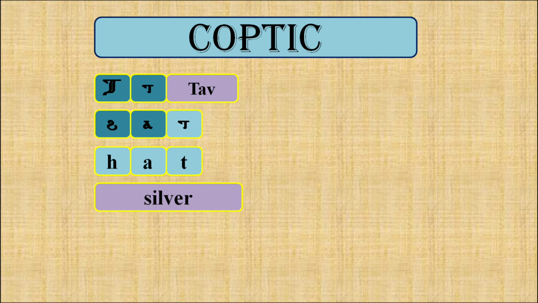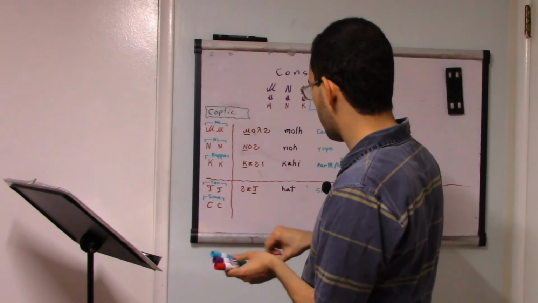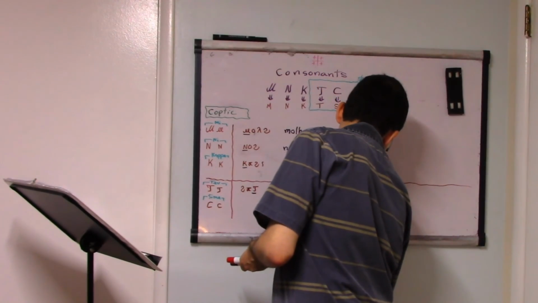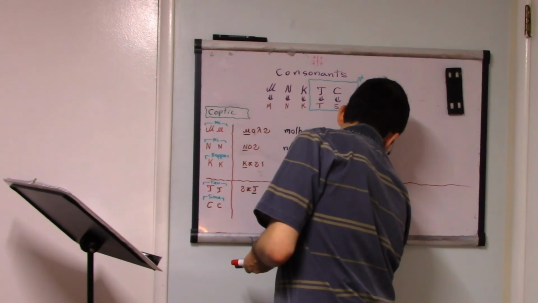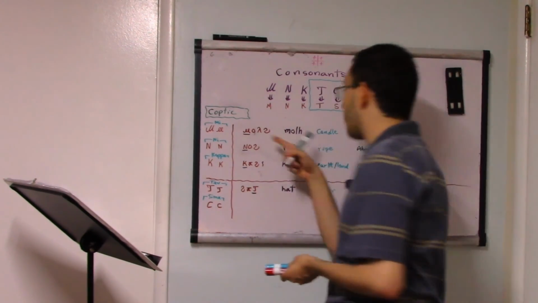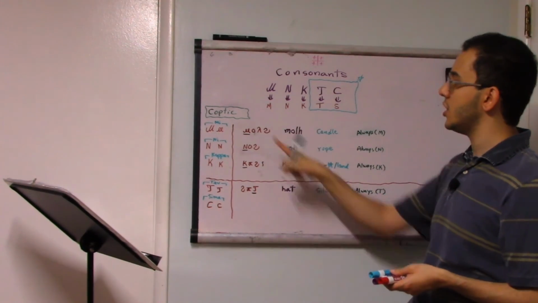Because you see H, A, T, and you think hat. No, however, in Coptic it's hot. And hot means silver. And this we use as example as the Tav, which is always T for Coptic. Tav is always T for Coptic words.